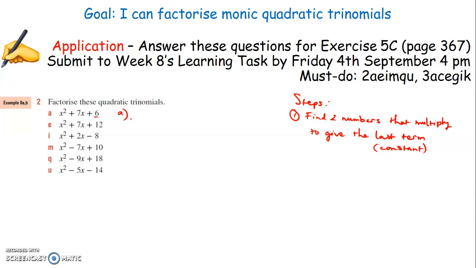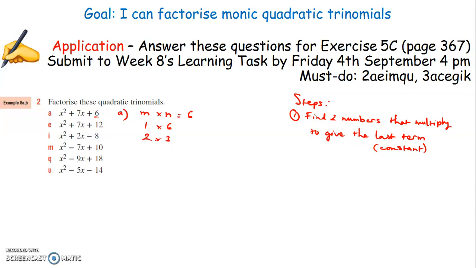So for A, what two numbers multiply together to give us 6? We have 1 times 6. We also have 2 times 3.